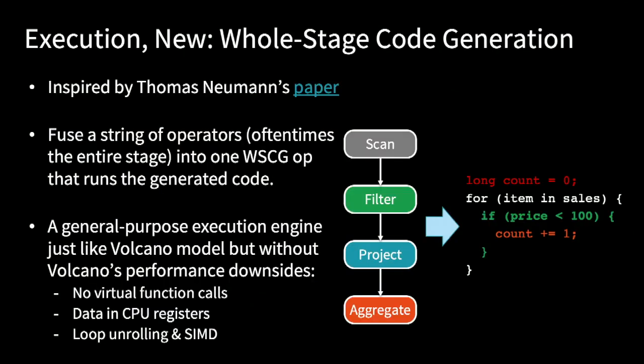Starting from 2.x, Spark implemented a new execution model called whole stage code generation, which was inspired by the HyPer code generation paper from Thomas Neumann. The new model will fuse a string of operators, and oftentimes the entire stage, into one whole stage code gen node that runs the generated code of these underlying operators.